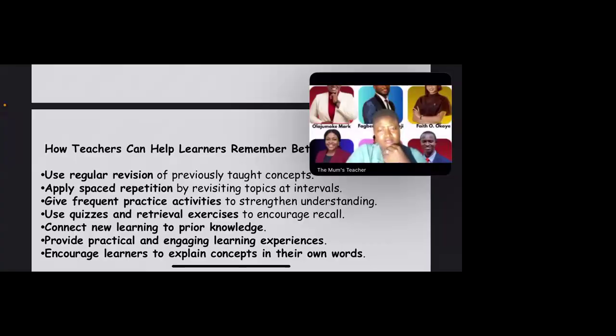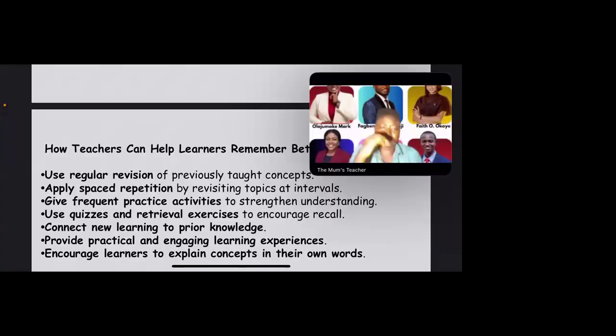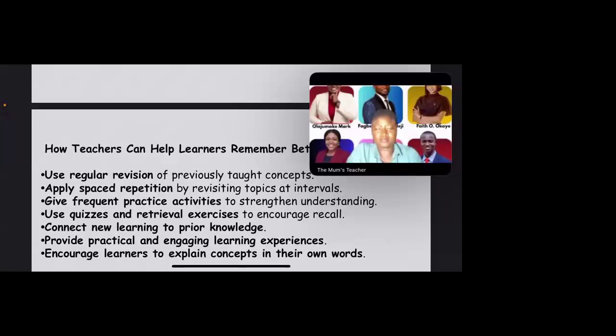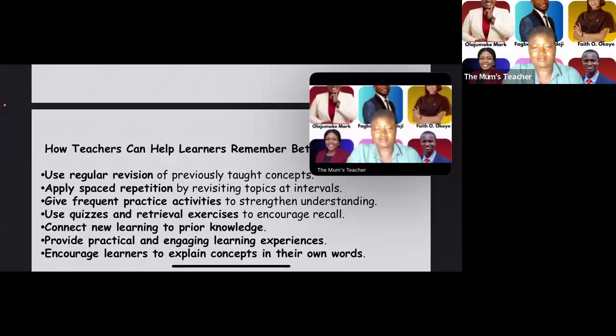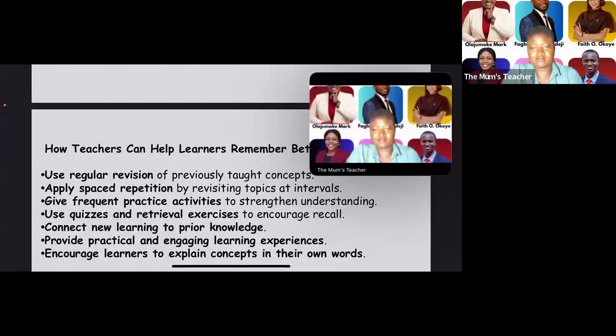If you have taught that concept in the morning, you can walk into the class at break time and tell them, what is this times this? What's the formula for this again? Or you just write a question on the board and ask them, try this out. You could come back the next day, even if you don't have them, and give them a question on that. Try this out. Let me see how much you're able to remember. By this repetition, you are able to make learning stick more in the minds of these learners.